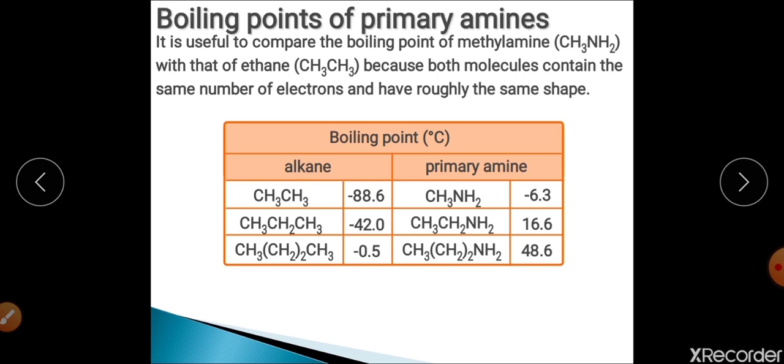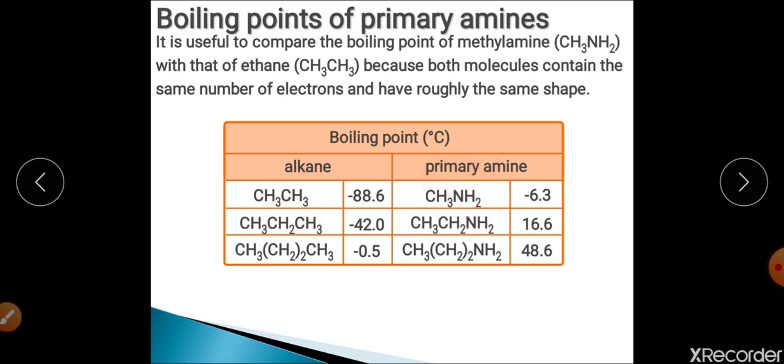When we talk about the boiling point and compare the boiling point of amines with alcohols and with hydrocarbons of comparable molecular mass, we come to know a fact. For example, this is your alkane, and this is a primary amine.